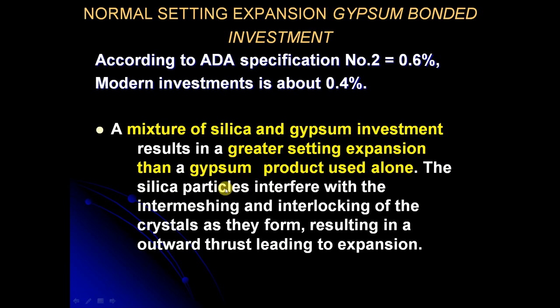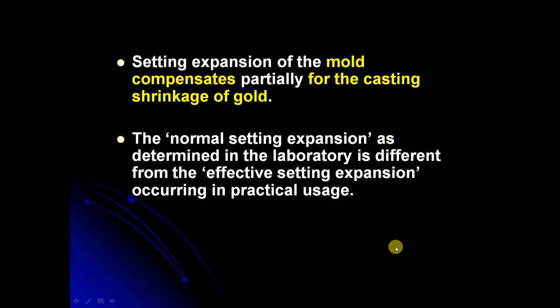Very important line: the silica particles interfere with the intermeshing and interlocking of the crystals as they form, resulting in an outward thrust leading to expansion. So the setting expansion of the mold compensates partially for the casting shrinkage of gold.